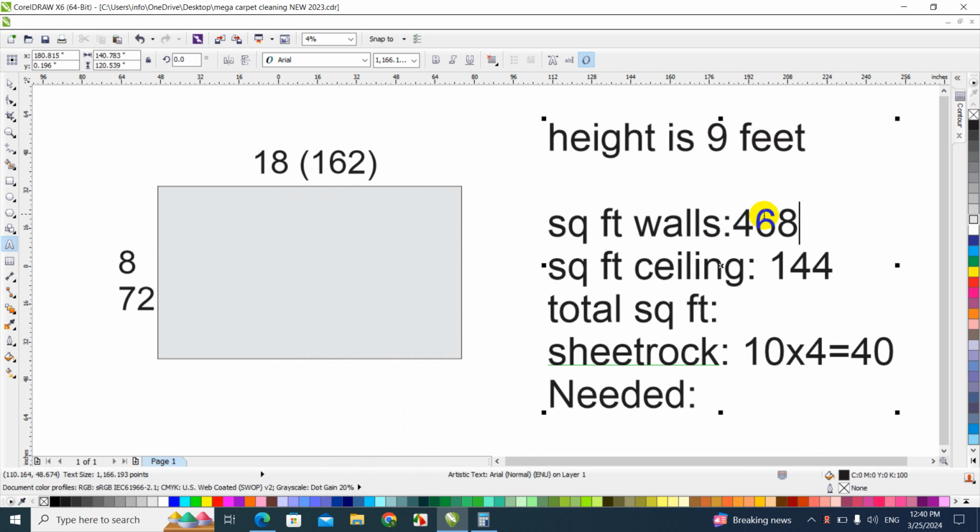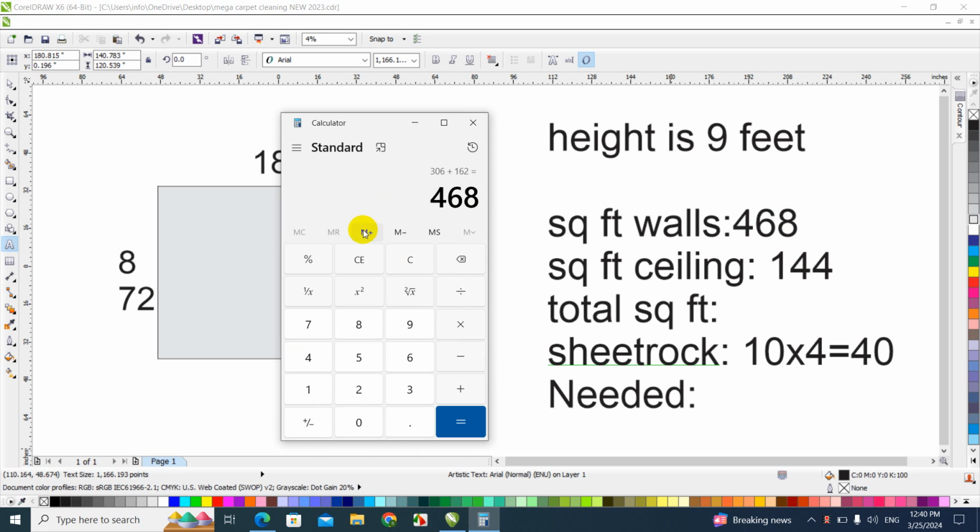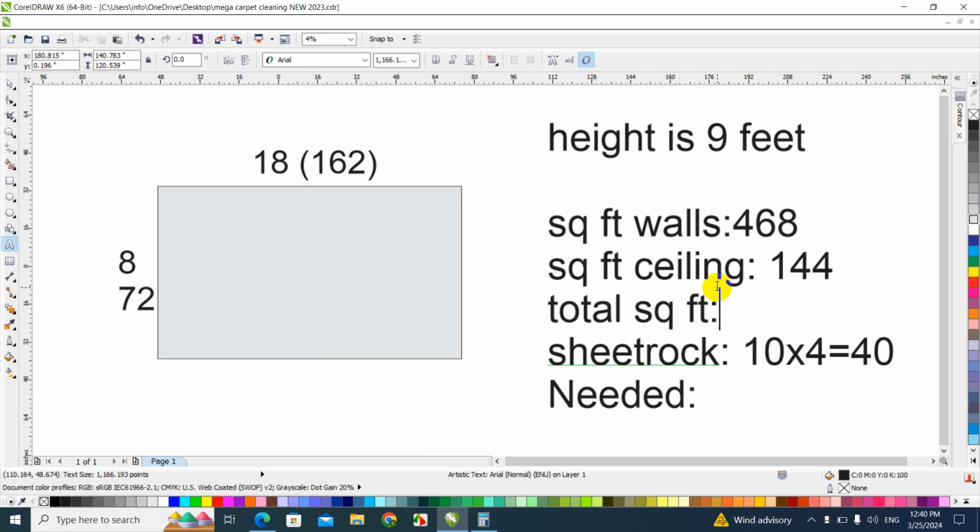Now we're gonna add this number to the ceiling. If we're gonna do the walls and ceiling, it's 468 plus the square footage of the ceiling, which is 144, equals 612. Let's type it in here, 612. All right, now we know that's the square footage of the walls and the ceiling of this room.